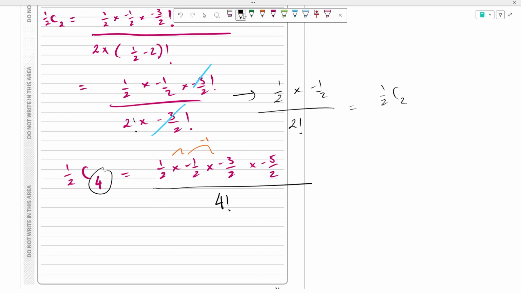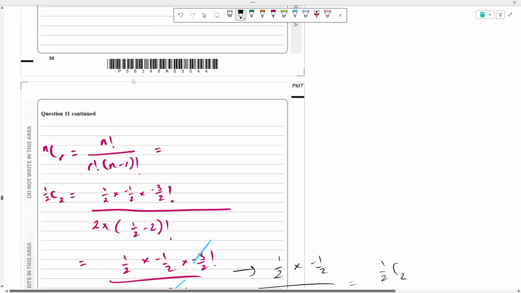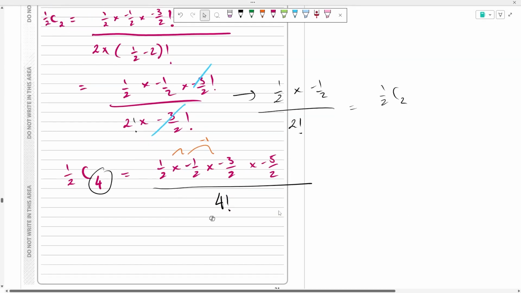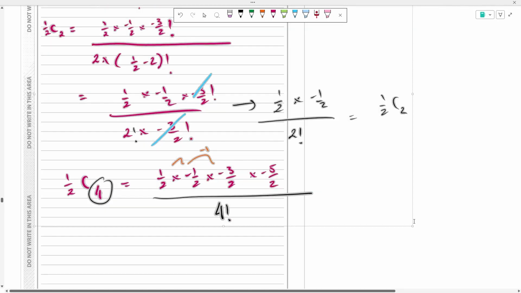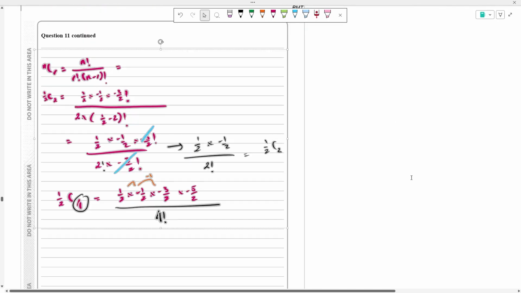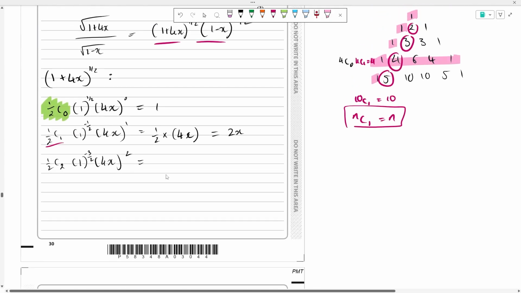Okay, now this is essentially the same thing as in your formula book. It is also the same thing as what's going on here. It is really up to you how you want to do it. This is how I've learned binomial myself. I'm not really fond of the factorizing method, but they're both valid. So for this one up here, this is going to be a half times negative a half. If you skipped ahead, we just have 2 terms on the top, like so, and then we just put 2 factorial on the bottom.